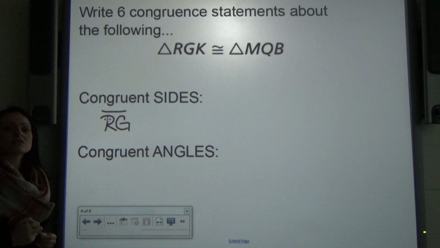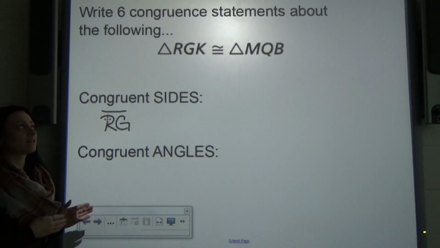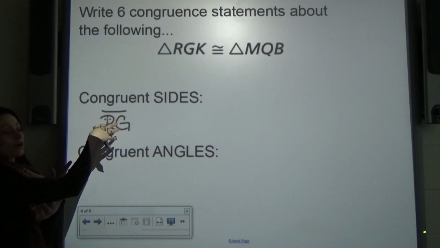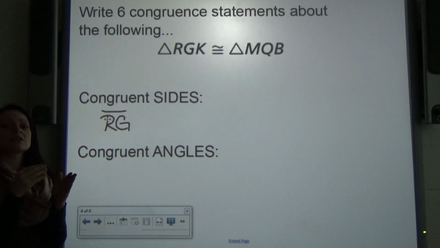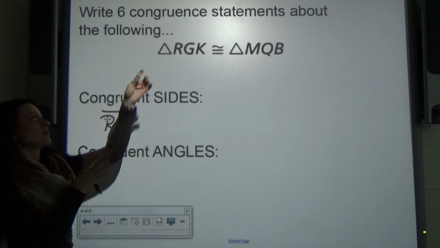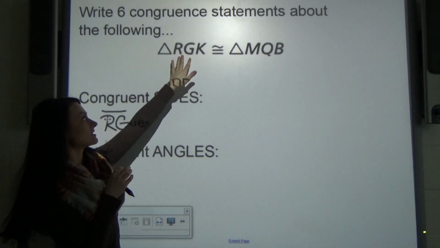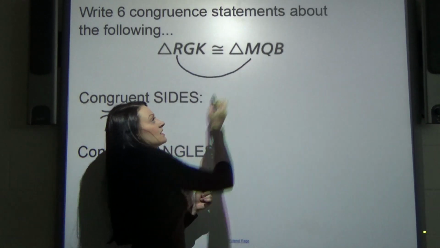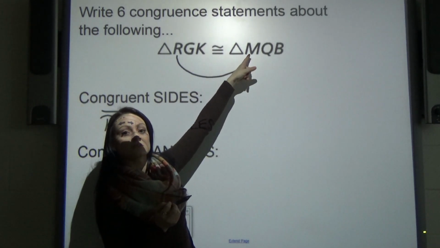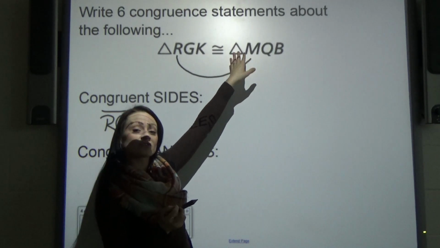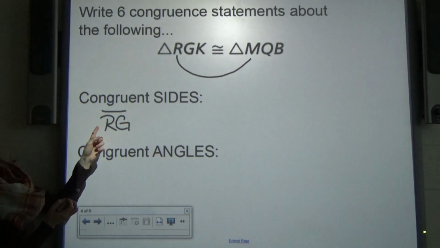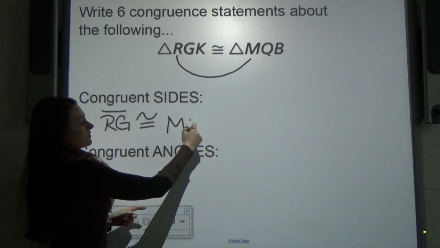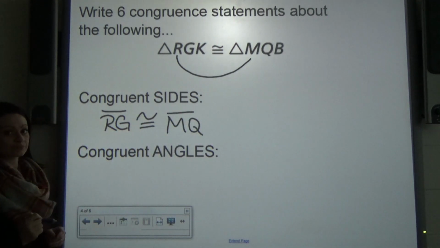In order for me to talk about the line segment on the other triangle that is corresponding to RG, I have to be very, very careful with the order. Because R came first in this statement, it has to correspond to the first vertex point in the other triangle. So if I'm going to do RG, I could say that would be congruent to line segment MQ.